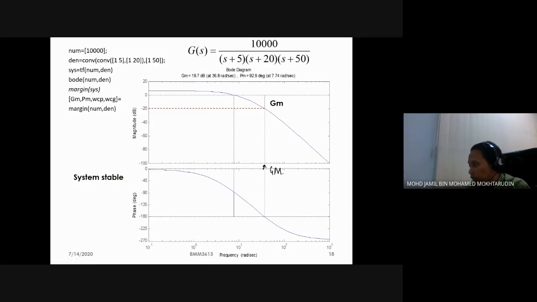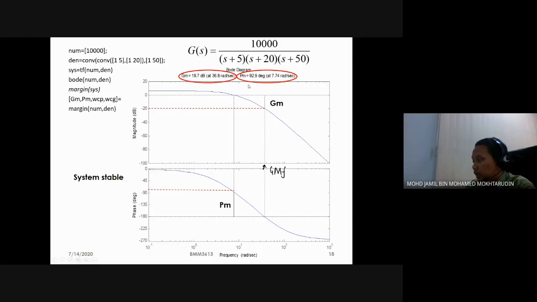And then the difference between the gain and 0 decibel at the gain margin frequency is the gain margin. So roughly you get 19.7 at a frequency of 36.8 radian per second.